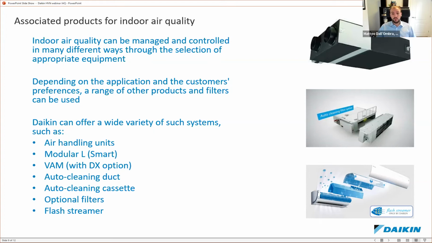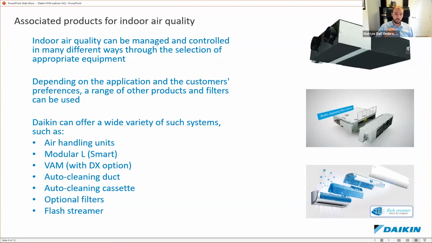And then we do have built-in features like Flash Streamer, which is a solution deployed in wall-mounted units. These typically are more reserved for residential applications, so the type of splits that you would put in your home office or bedrooms.